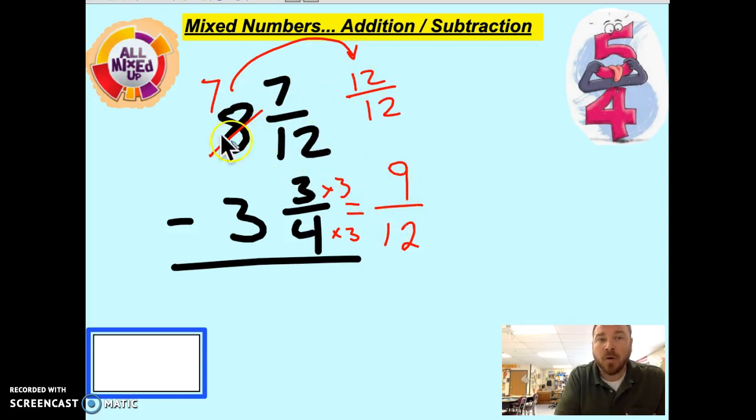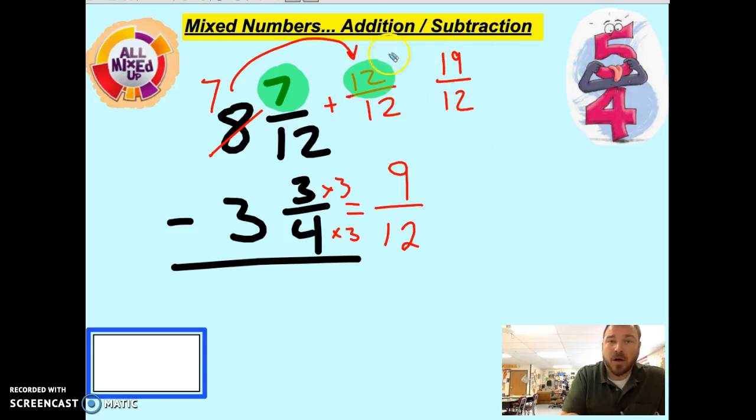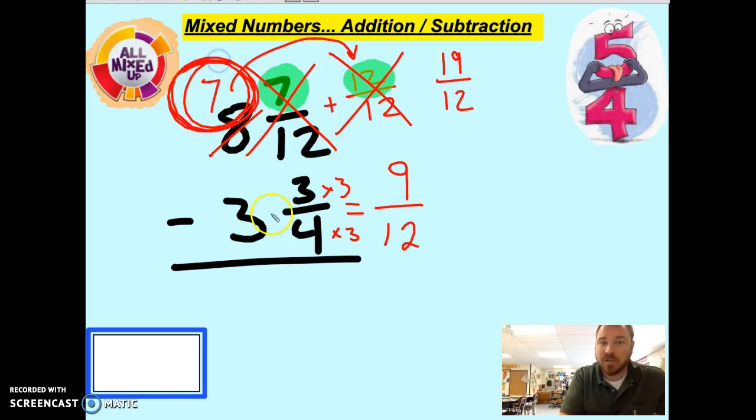If I borrow one whole, I need to add 12/12 to my existing fraction of 7/12. 7/12 plus 12/12 gives me my 19/12. Okay? Now I can subtract. All of this is now gone, except for our 7. Okay? Now we just renamed 8 and 7/12 into 7 and 19/12.